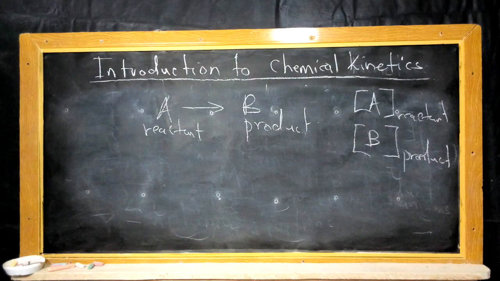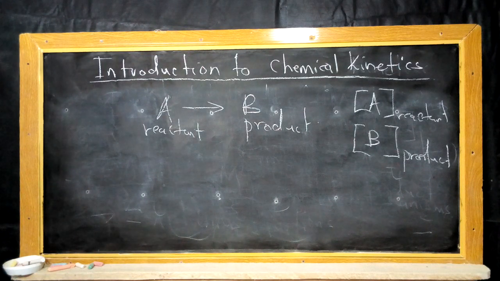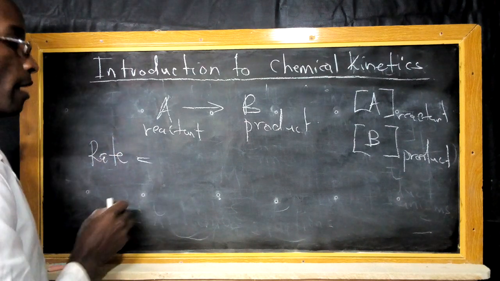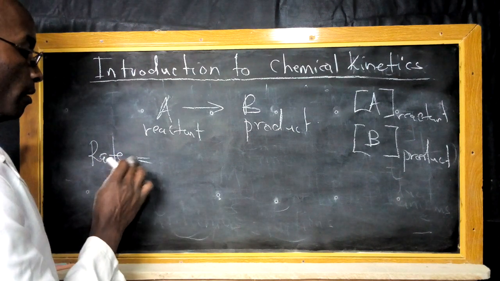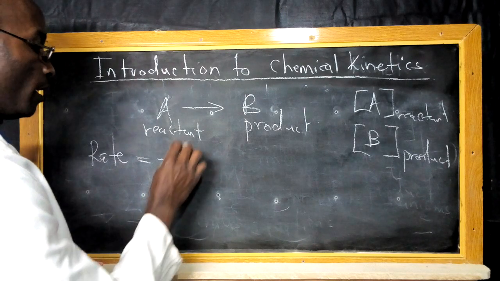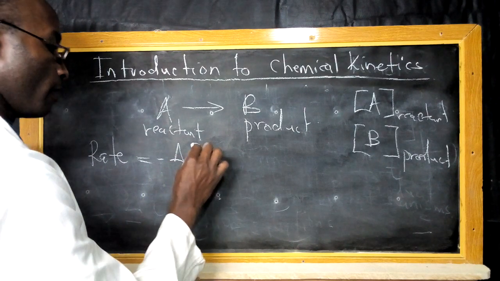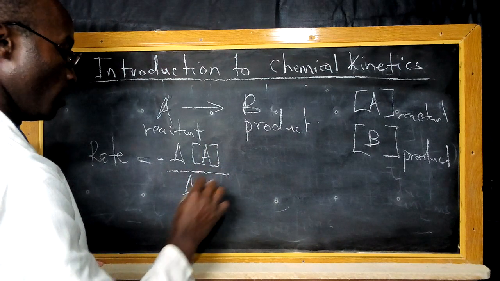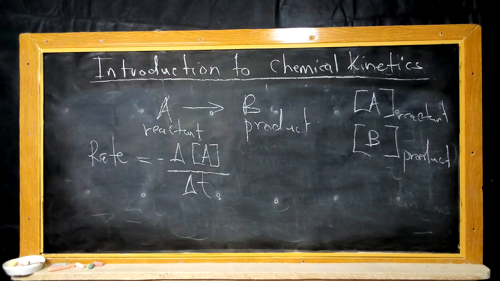So in that case, if we have a reactant and a product denoted as such, then we can write their rate of reaction. As we said that the reactant is being consumed, it will be a negative delta square brackets of A all over change in time. Of course, we have given the units as molarity per second.